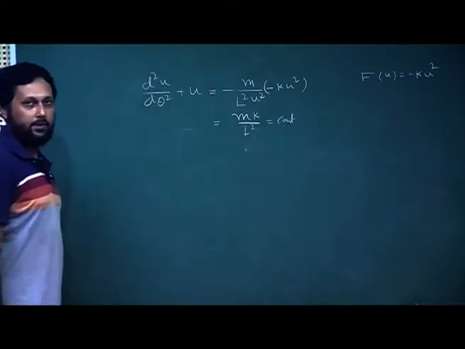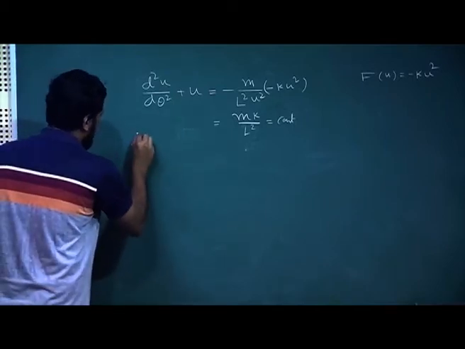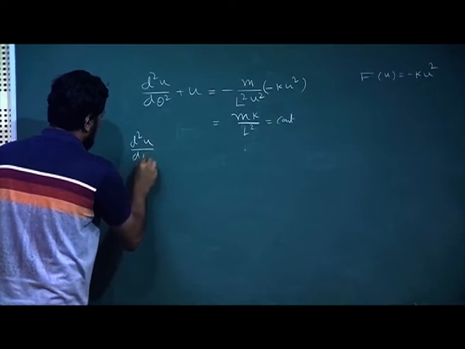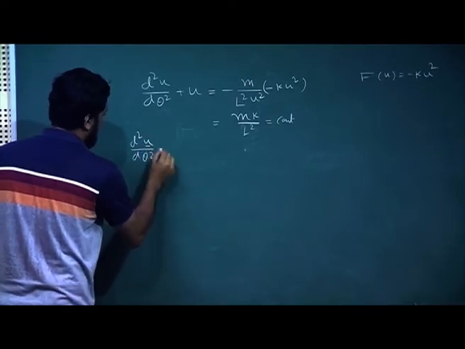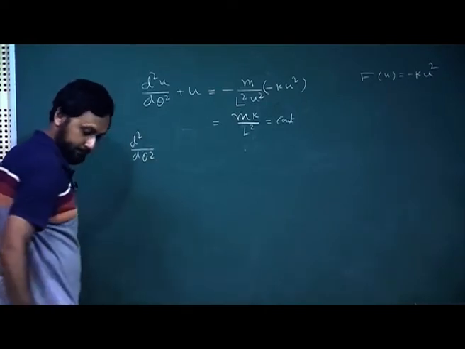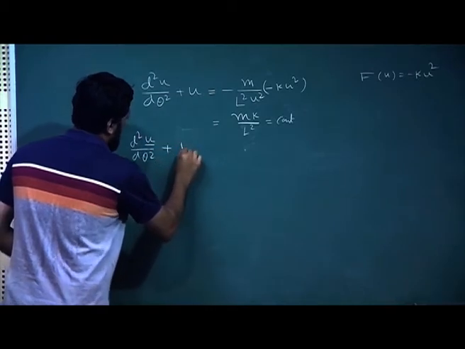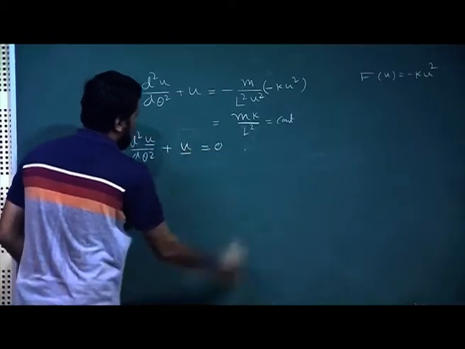which is a constant. So, we can rearrange this equation to write d²ū/dθ² + ū = 0.